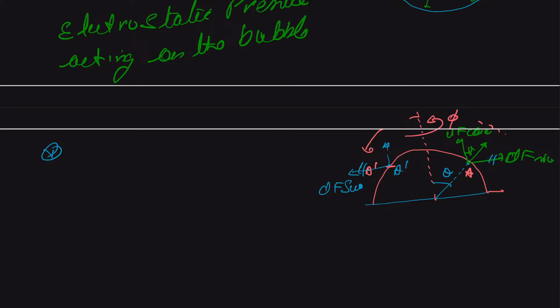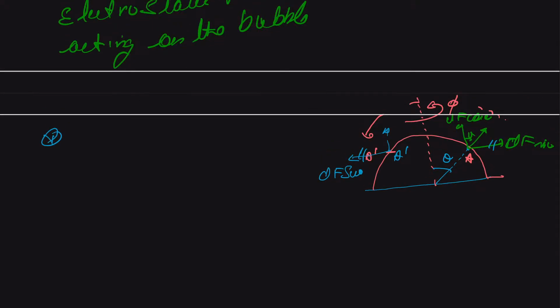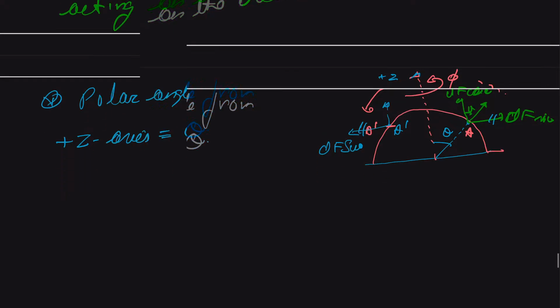Therefore, we can say that we consider theta as a polar angle with respect to the positive z axis. Okay, so this is our positive z axis. So we consider a polar angle from the positive z axis, and let this angle be equal to theta.